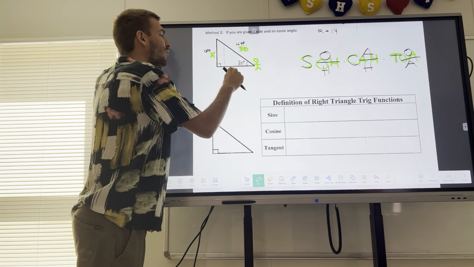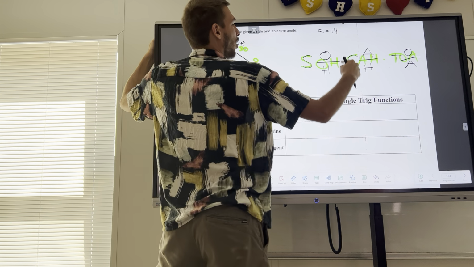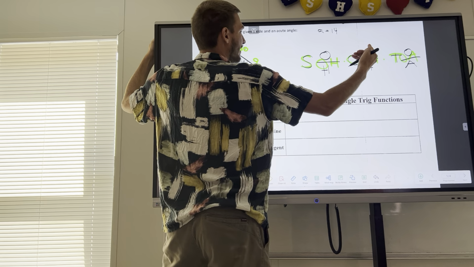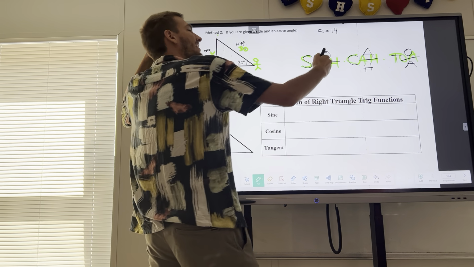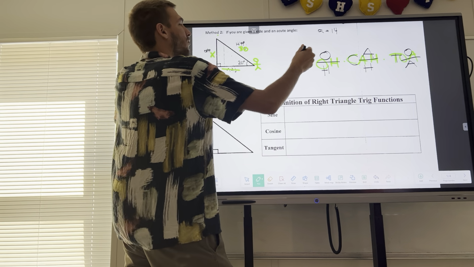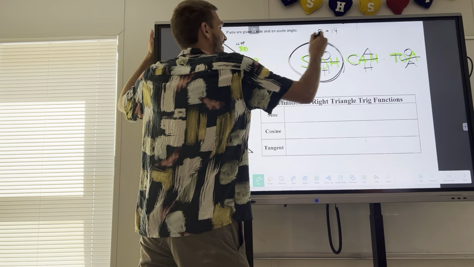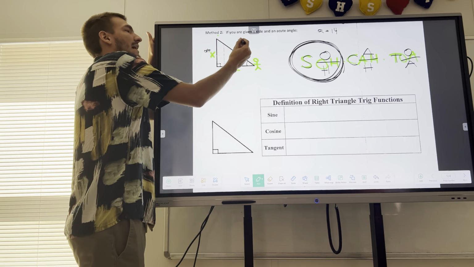So if we don't need the adjacent, are we going to choose cosine with a big A there? Not really, right? We're not going to choose the cosine. Are we going to choose tangent with an A on the bottom? No. We're going to choose sine because it works with opposite and hypotenuse.